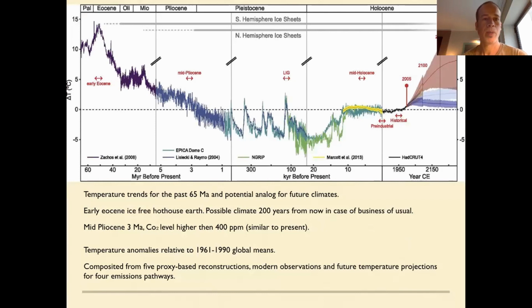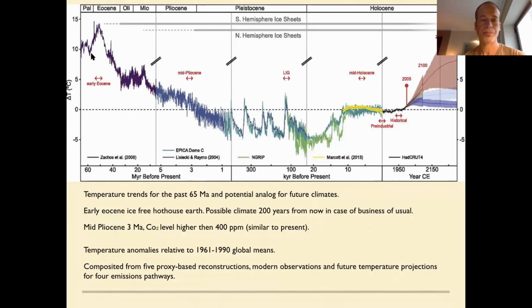It's from the extinction of the dinosaurs 65 million years ago, going to the present, and then in the end we have some different climate models who give some predictions of the temperature in the future.